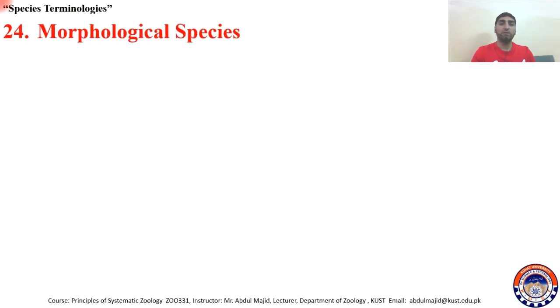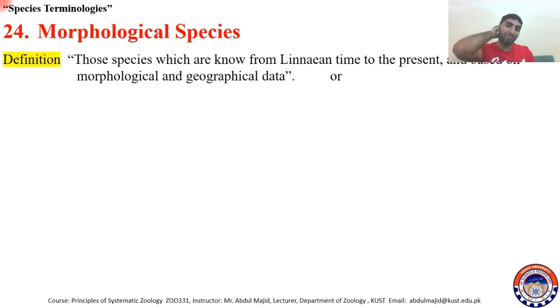Then the next is morphological species. It's clear from its name that these are species classified on the basis of their morphological characteristics. Those species known from Linnaean time to the present are based on their morphological or geographical data. So when we study certain animals on the basis of their morphological and geographical data, such species are known as morphological species.